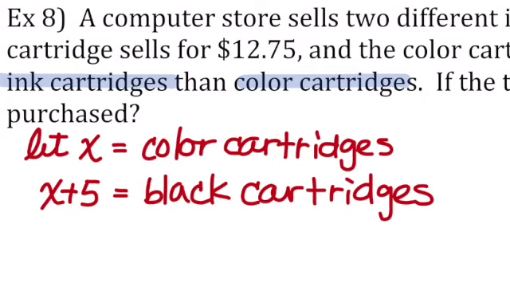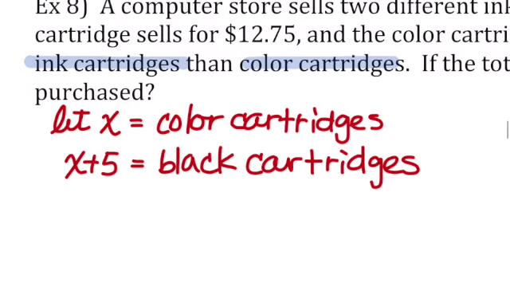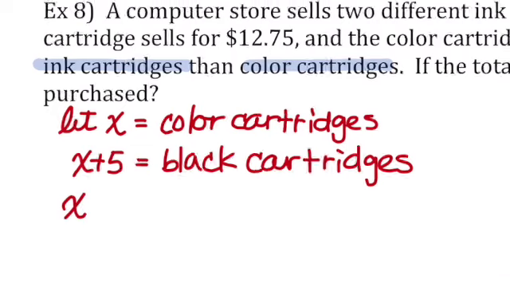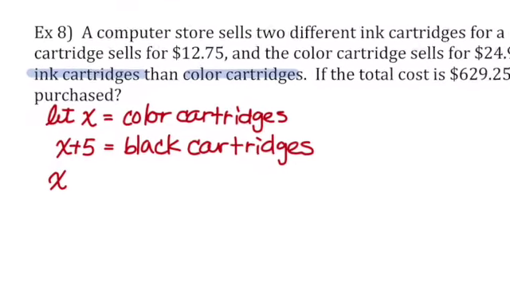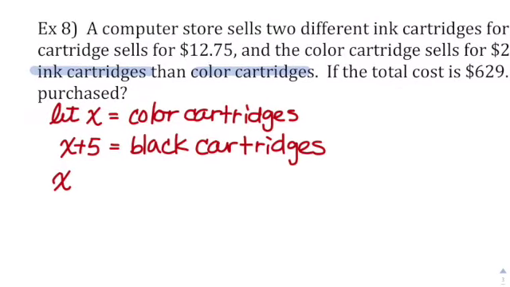And then if you write how much they are, you have to make sure you take how many times how much. So that is going to be X times $24.95 for the color one.